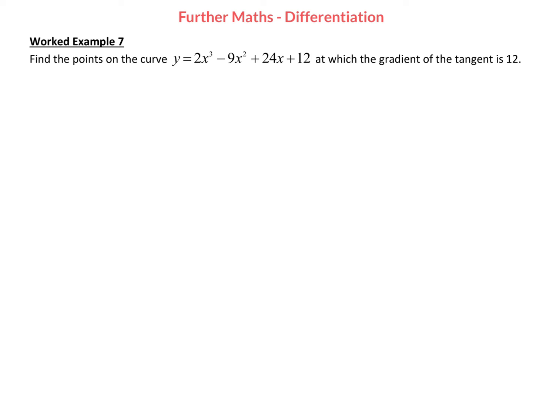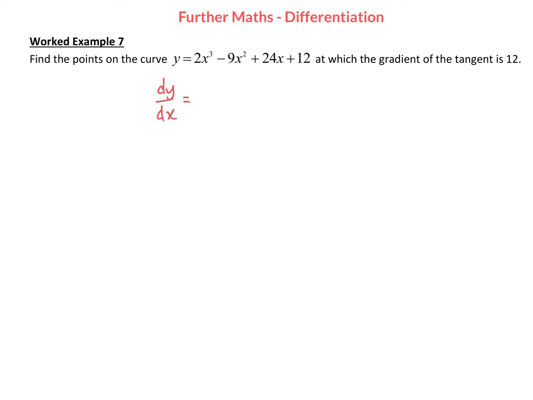So it's just one wee extra example just on gradient. The important thing about this one is we have a curve, and we're asked where the gradient of the tangent is 12. So I just need to recognize that when I'm finding the gradient of the tangent, that is dy by dx.